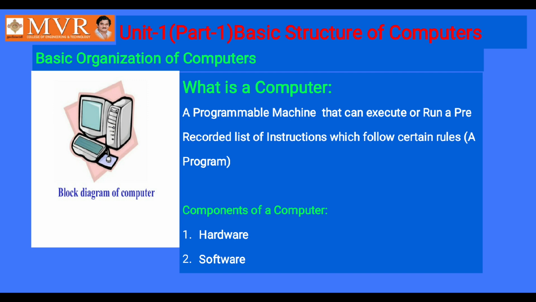You can say the basic application of a computer is that it can solve highly complicated problems quickly and accurately. Whatever the problem, to whatever extent you give, it will solve those within a fraction of seconds, and the result will also be accurate.